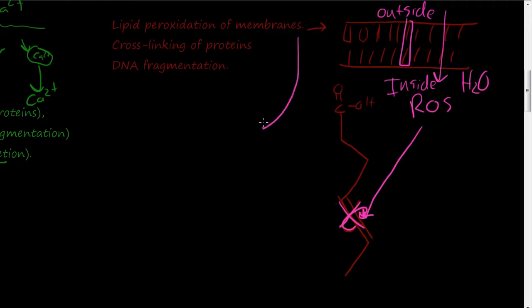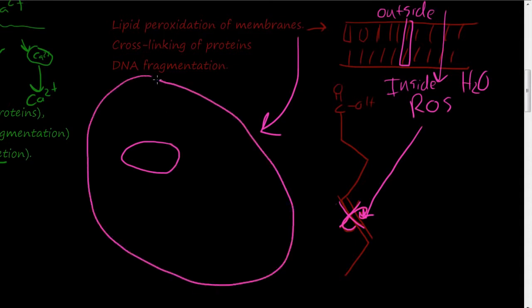Another thing is lysosomes. Remember that we talked about in necrosis. Let's say this is a big giant cell here, and this is a lysosome. Sorry, that spelling's bad, but the lysosome is inside the cell here.